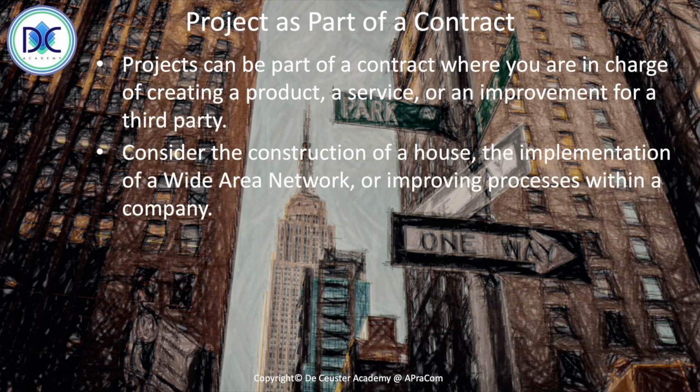We can consider some simple examples, the construction of a house. Here you're constructing that house for the people who agree to pay a certain price. You have fixed prices or different price models. It depends on the way you make the contract. It's a different item within project management and business management.